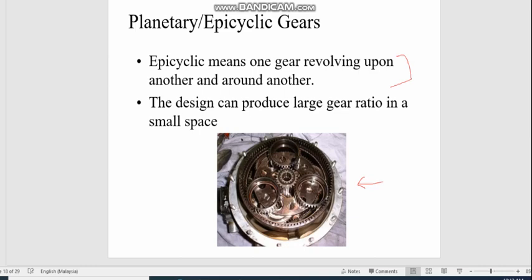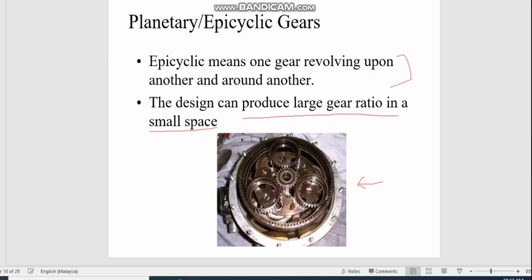And the reason why this gear is being used is this gear can produce large gear ratio in a very small space. So for example, in the automotive application, you need to have many gear ratios.